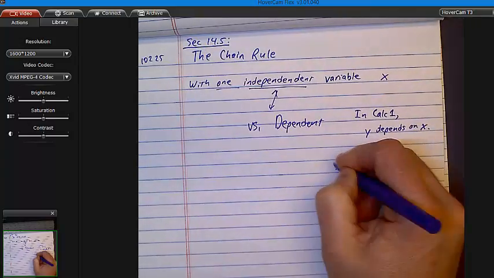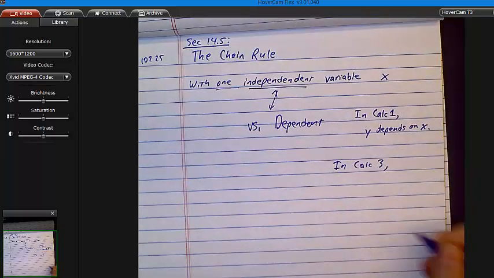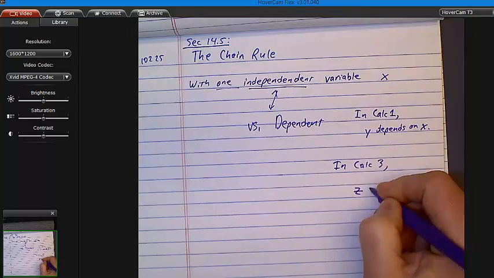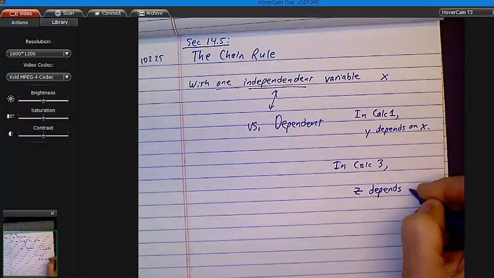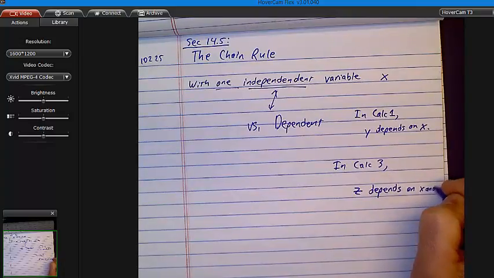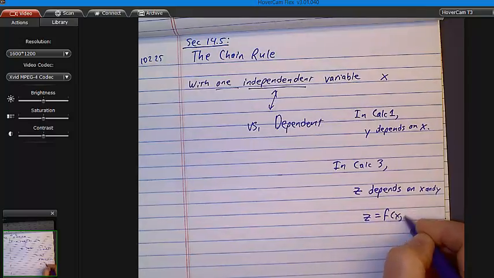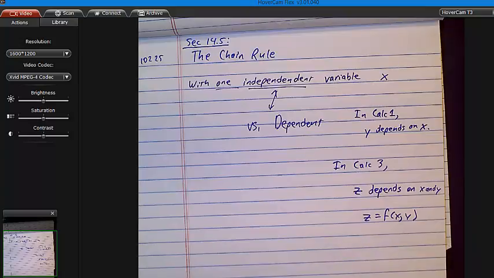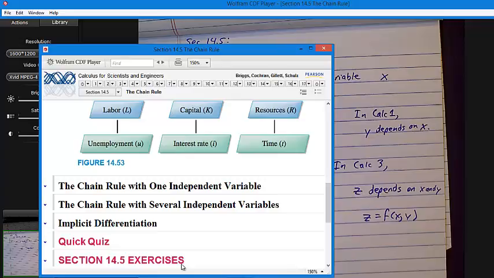But in Calc 3, what happens? Yeah, let's do this. Let's say that usually z depends on what? X and y. So z is a function of x and y. And so when I'm looking at your book here, and they say the chain rule with several independent variables, I think that's where I want to go. Okay?